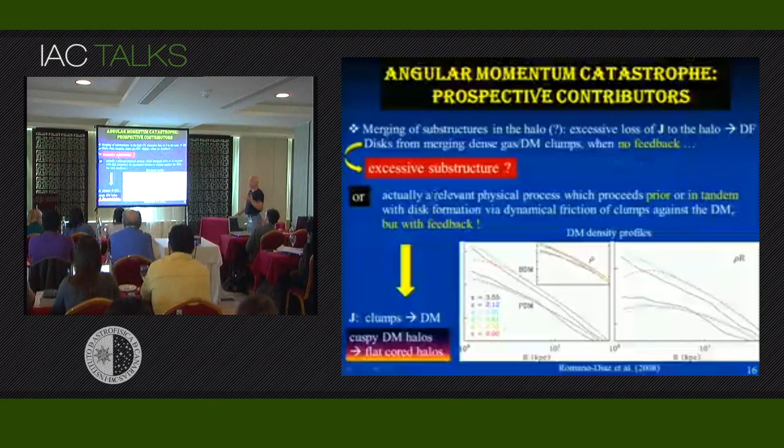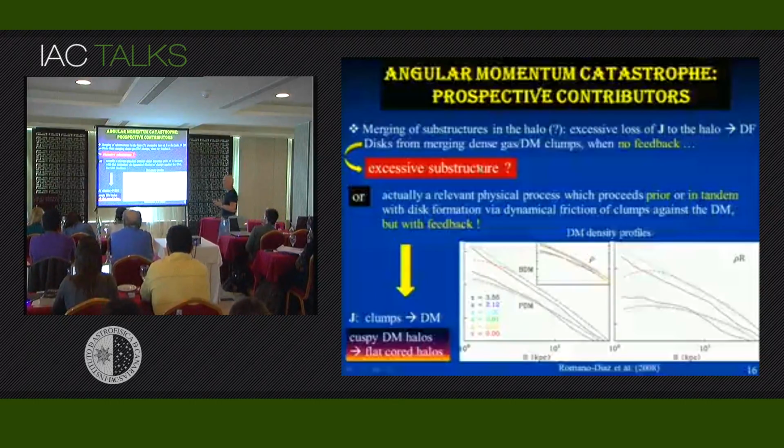So, how to deal with this? Well, there clearly was claimed that there is excessive substructure in the dark matter. But this is not clear. And in fact, every one of these conspiracy theories can be inverted from being numerical problems into our misunderstanding of the basic physics. We have no idea why this happens, although some people are very optimistic.